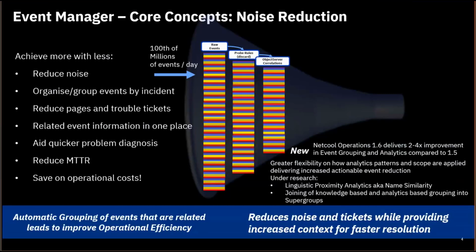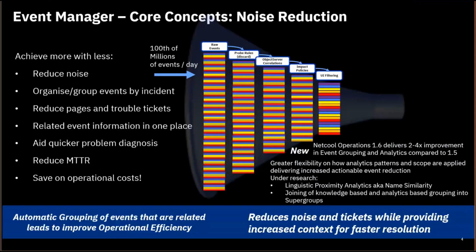So these kind of matchings and correlations do take place in the object server, and that significantly reduces the amount of events that we do have to care of. Because in the end, an operator has to look at the remaining events and has to decide, do I have to take action on a specific event or not? And therefore, the more we can correlate and eliminate with this noise reduction process, the better it is.